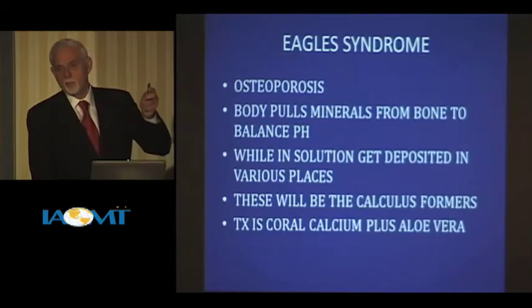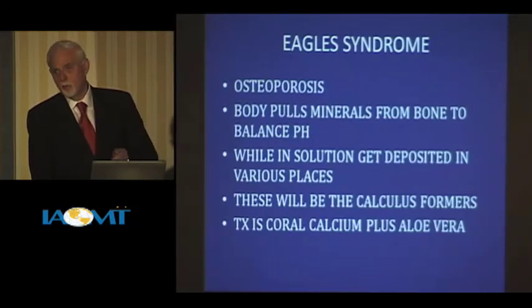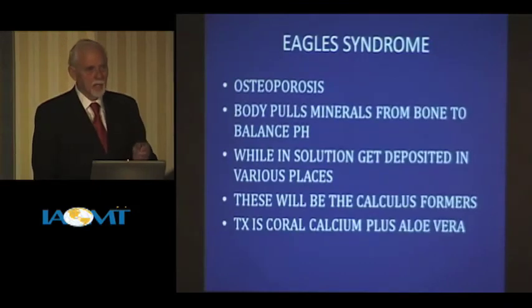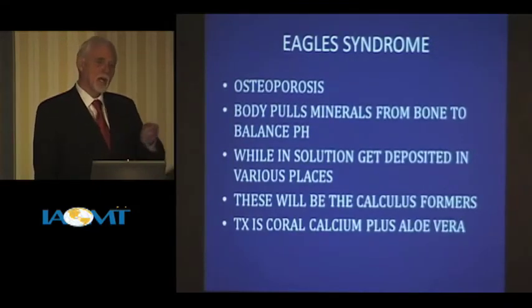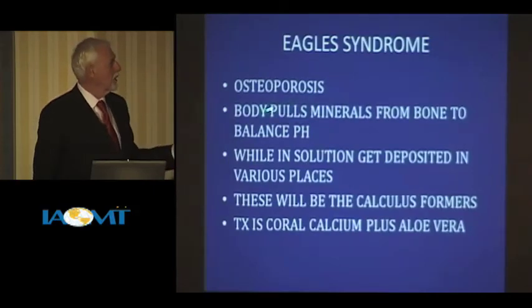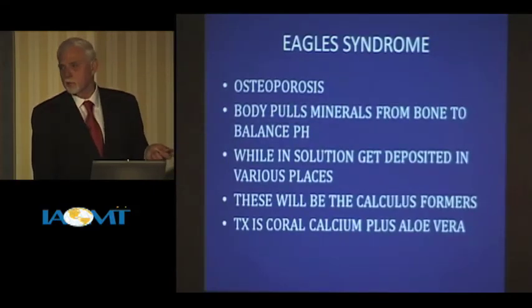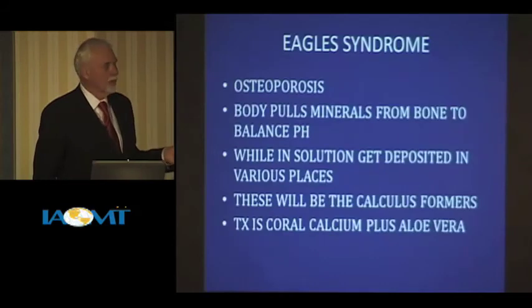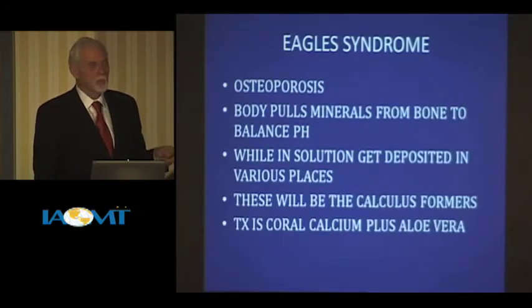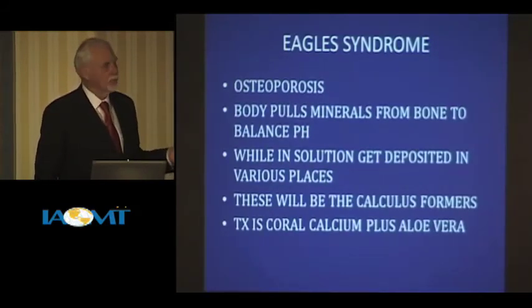What happens is when the body becomes acidic, it pulls minerals from the bone if it doesn't have enough in solution or available to buffer. When it pulls them out of the bone and gets them in solution, they get deposited in different areas. Those will be your calculus formers, and those will be your Eagle syndrome.